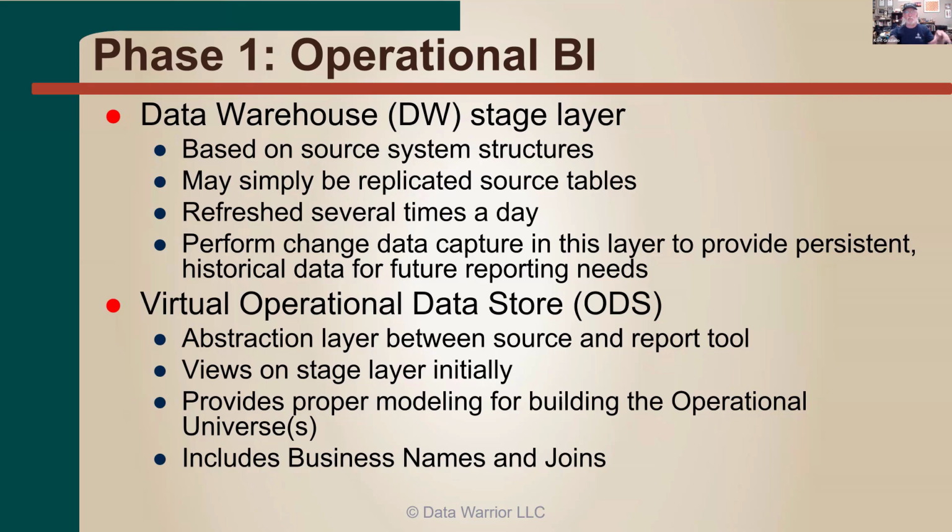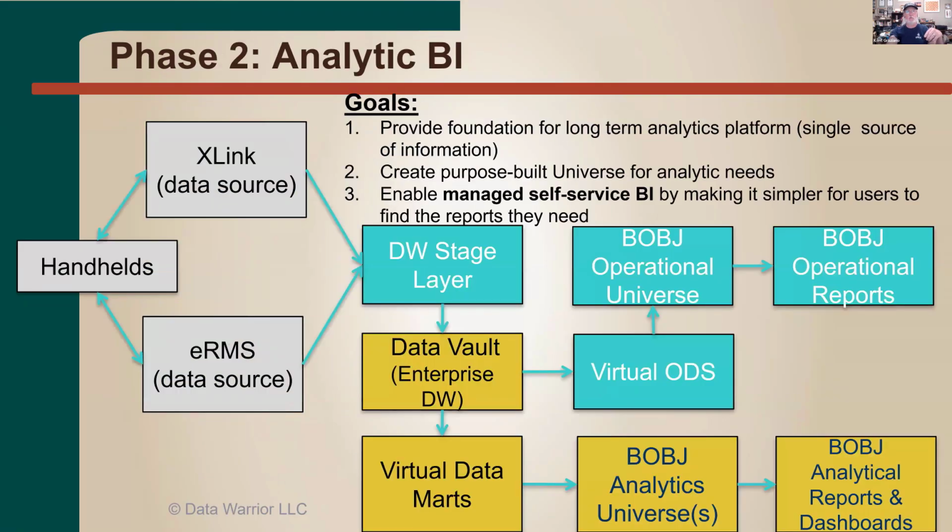We used data modeling tools. We made sure we modeled foreign key constraints so we knew what the joins were, and updated everything. In the operational data store, we used business names and the proper joins so that the people operating it would have an understanding, rather than the arcane names that were in the source tables.